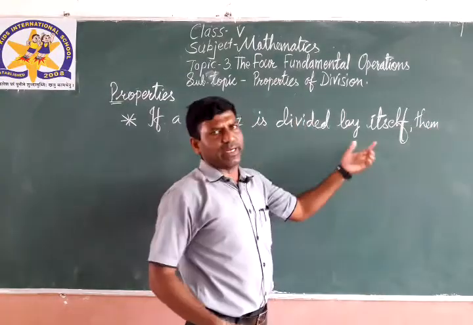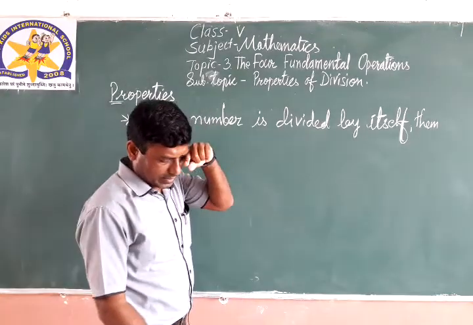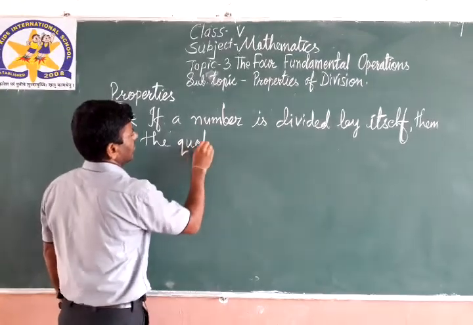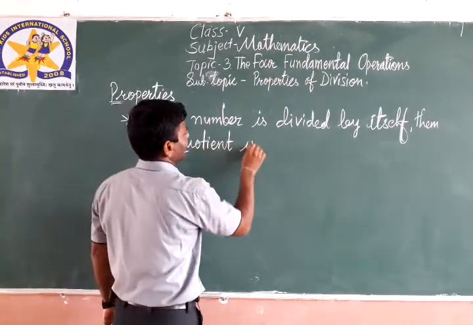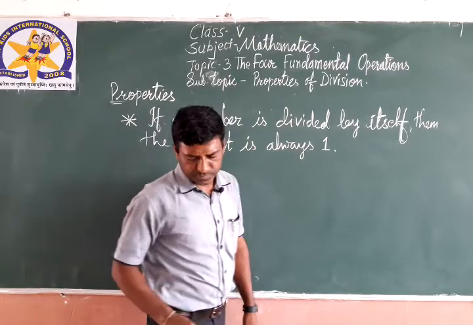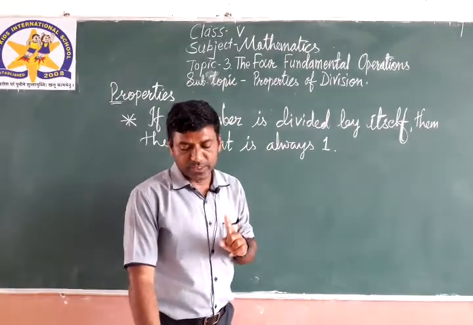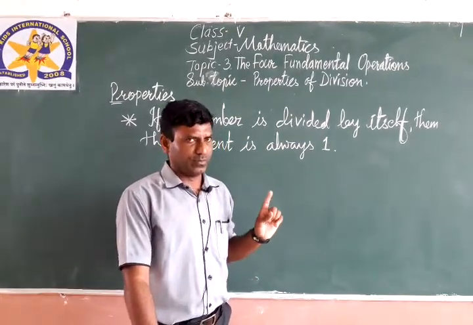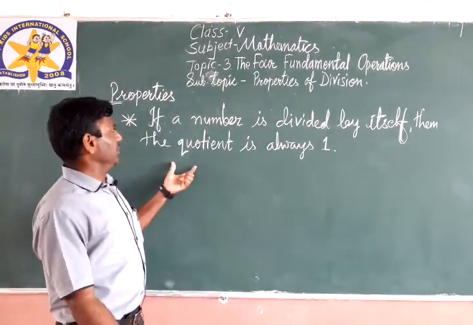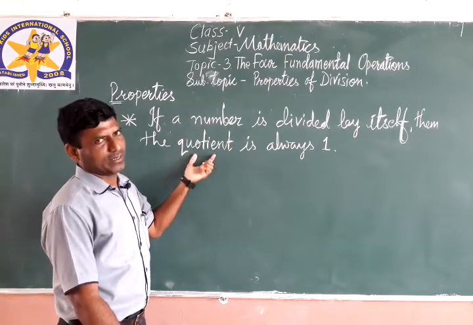If a number is divided by itself, then the quotient is always 1. Understand? Except when 0 is divided by 0. Except this, remaining all numbers, if we divide by the number itself, then the quotient or answer will be 1.